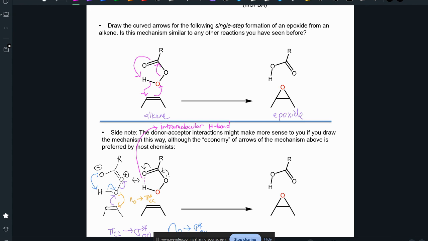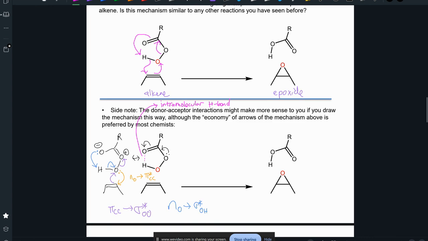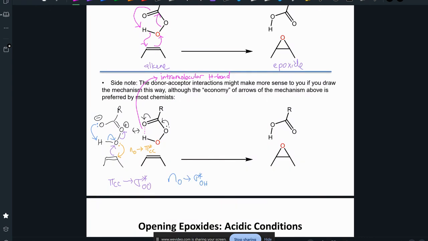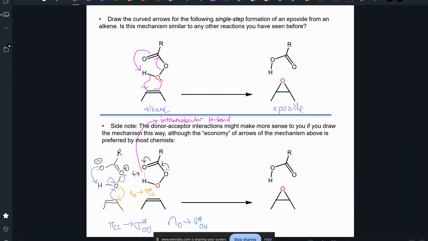So my mechanism was a total of 2 arrows for resonance and then 5 arrows for the reaction. Their mechanism is only 4 arrows total. It gets the job done, but I think it's a little harder to understand those arrows. But that's the accepted mechanism for this reaction. So if you take a future course and they ask you to draw a mechanism for epoxidation using mCPBA, that's the one I would go with.